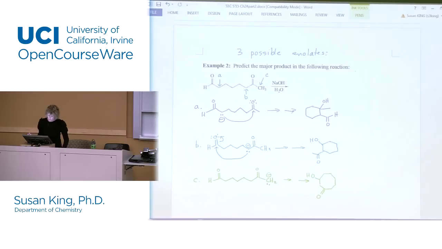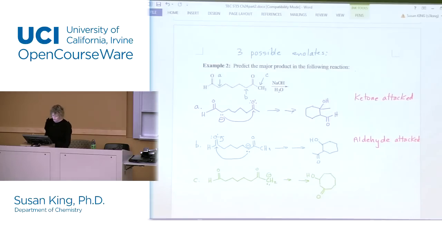So we're forming the enolate in position A, we're attacking a ketone. So a ketone is attacked. Here we're forming the enolate in the B position and we're attacking an aldehyde. Aldehyde is attacked. What's more favorable, a ketone being attacked or an aldehyde being attacked?